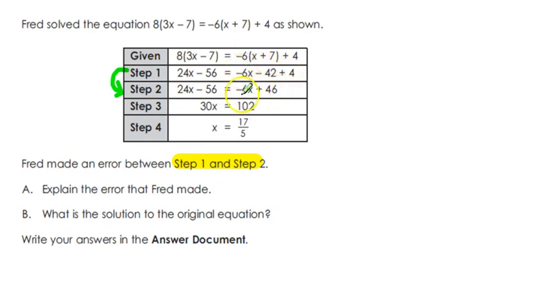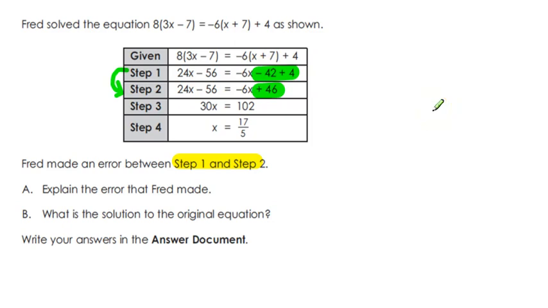Well, -6x stays the same to -6x. So really what we need to figure out is, how did they go from these numbers here to 46? How did that happen? If we can determine how it happened, hopefully that is our mistake.